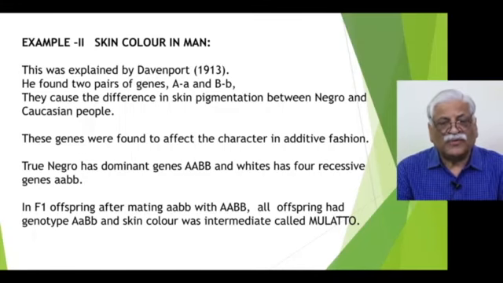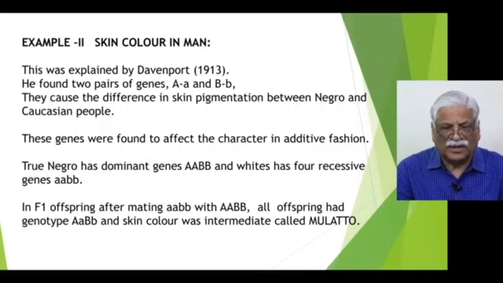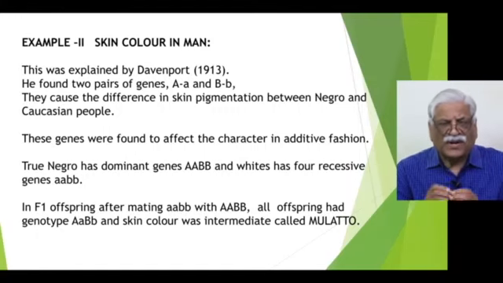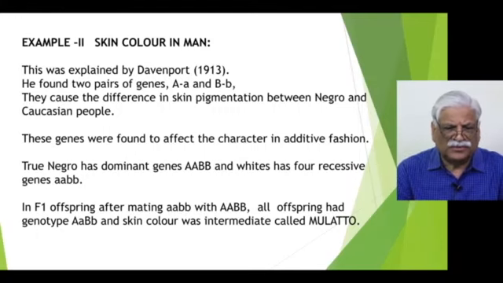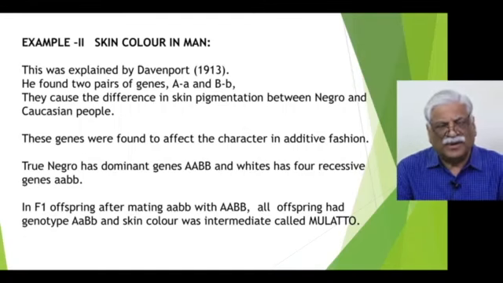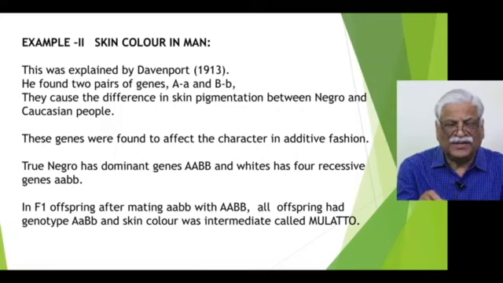These genes were found to affect the character in an additive function, meaning one gene supports another to express. If a person has a perfectly dark skin like the Negroes, the combination of genes will be AABB, because A is dominant and B is also dominant. And so the allele condition is AA and BB.